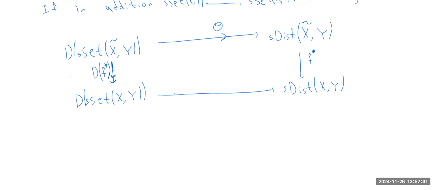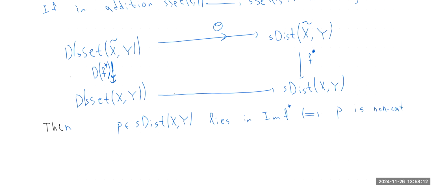Then P inside this lies in the image if and only if P is non-contextual. Okay, so this is what we have.